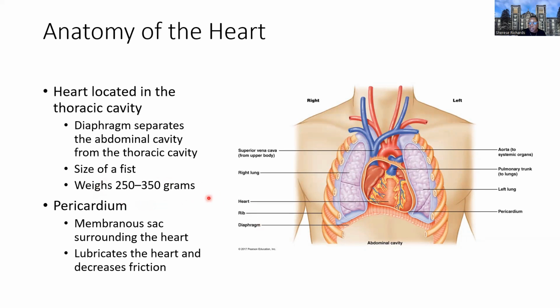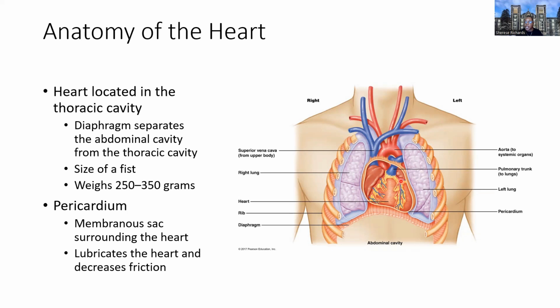It weighs about 250 to 350 grams, and it is covered externally by a layer called the pericardium. And the pericardium does two things. It helps to surround the heart as a form of protection. It's very thick, the outer pericardium, but it also helps because there's a small amount of fluid inside that helps to lubricate the heart and decrease any friction as the chambers contract and relax.